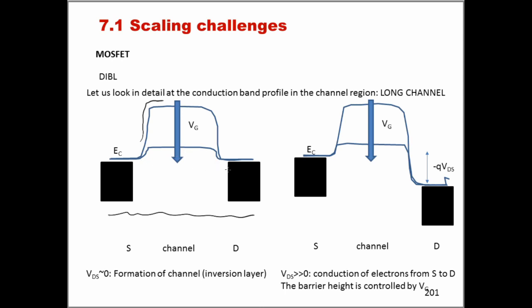At this point still there is no current because the VDS is 0. When we then apply also some VDS, we assume VDS positive here, we push downward the drain side of the energy diagram, and so now some electrons could potentially flow in this direction.